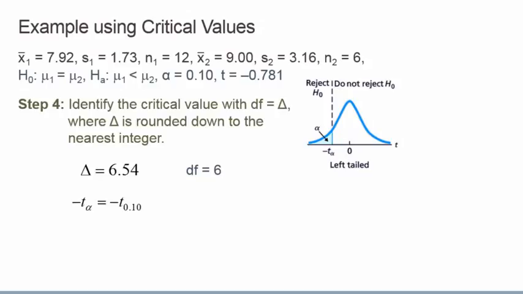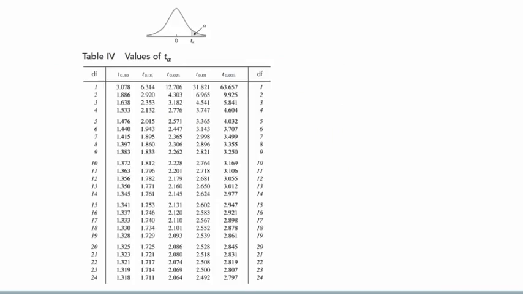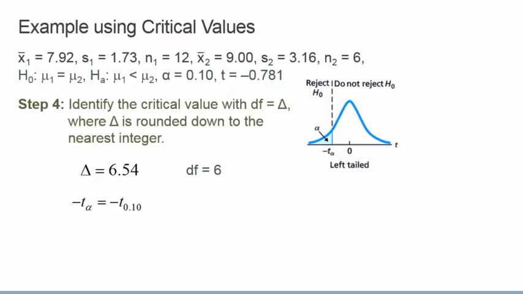Alpha is 0.10. Going to my t-distribution table, I want row 6, and I want t sub 0.10. On my table, it's 1.440. Because it is left-tailed, that equals negative 1.440. The critical value is t sub alpha equals negative 1.440.